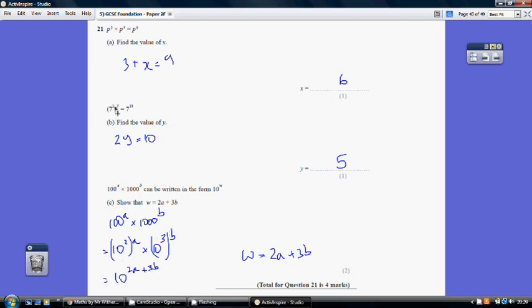Just like before, where you've got a power inside the bracket and outside, you multiply, so 2 times a is 2a and 3 times b is 3b. And when we multiply, we add the powers. So w equals 2a plus 3b.